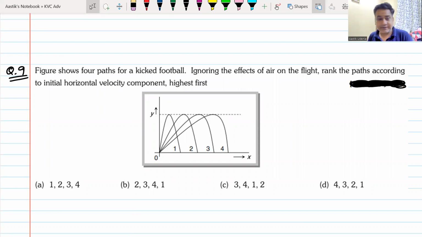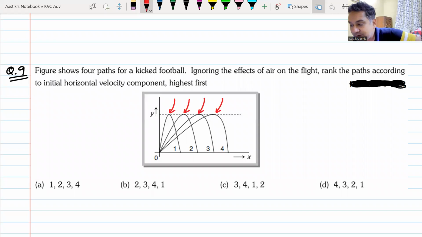It is definitely D. How did you get it? You have to look at the diagram, my dear friends. Looking at the diagram, all of them have the same maximum height. Yes or no? And for maximum height, if you remember the formula, H max is equal to uy square by 2g.